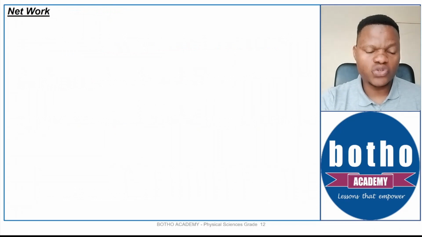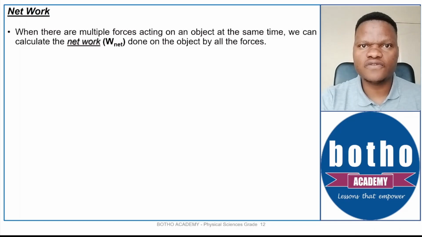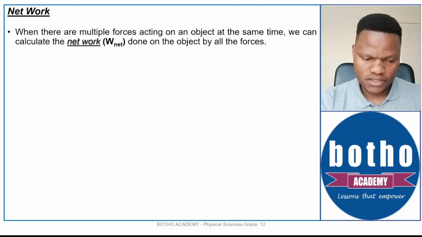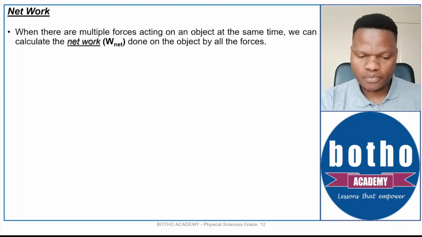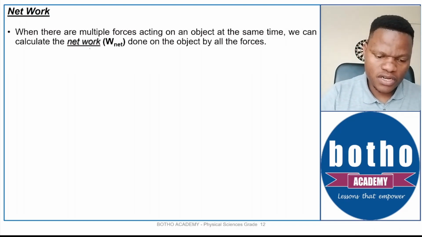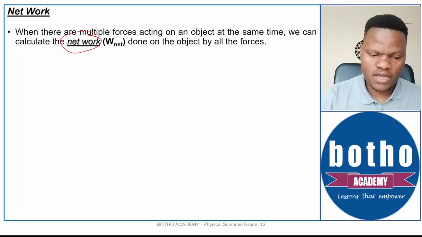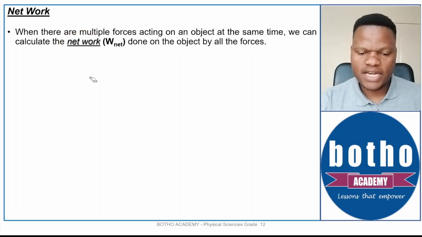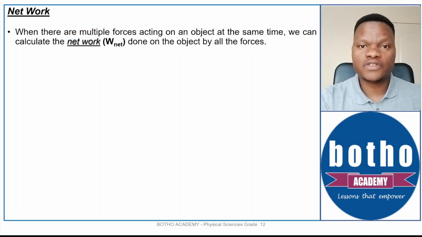The last part, we are going to be focusing on net work, which is what the exam guideline requires us to learn. I'm sure by now we all know what the word net stands for based on previous lessons. So when there are multiple forces acting on an object at the same time, we can calculate the net work done on the object by all the forces.